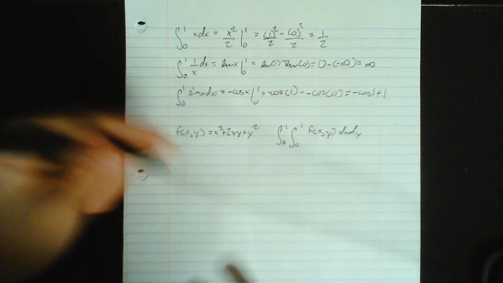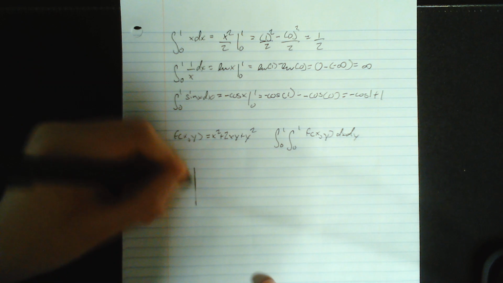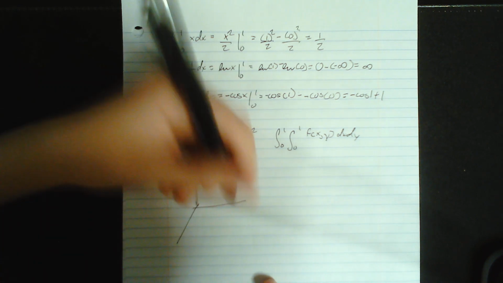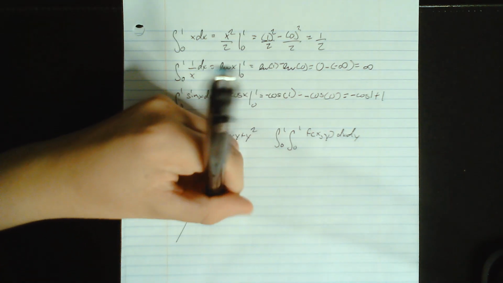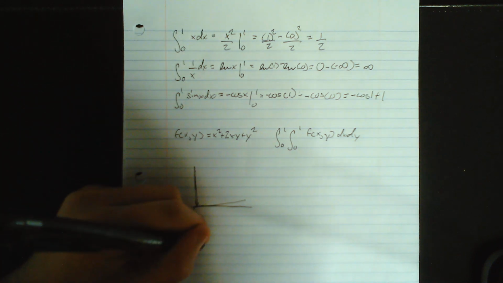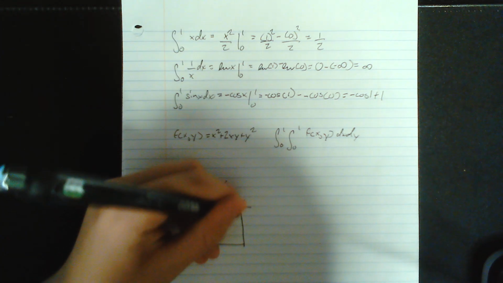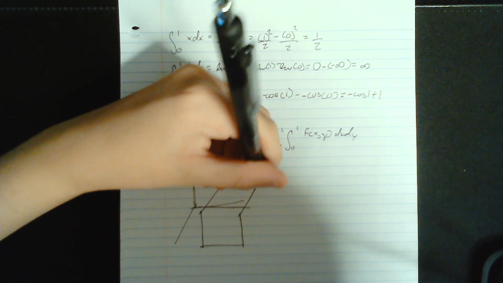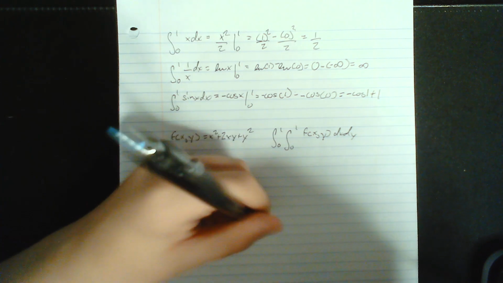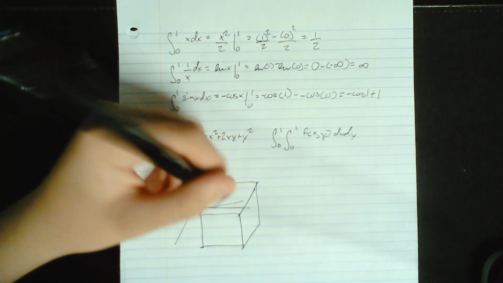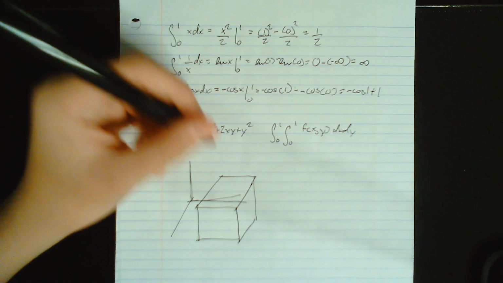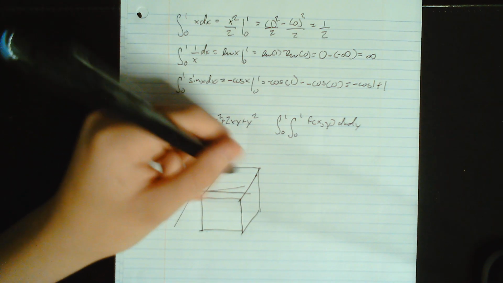Now, what this means is if we were to draw a three-dimensional graph, that's pretty bad, let me fix that, and we were to add a cube onto that graph, it would mean the volume of this cube. So it would be anything below this surface.